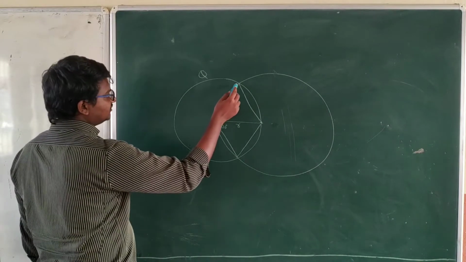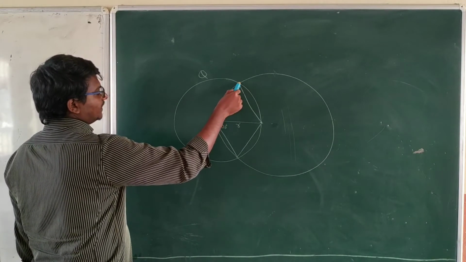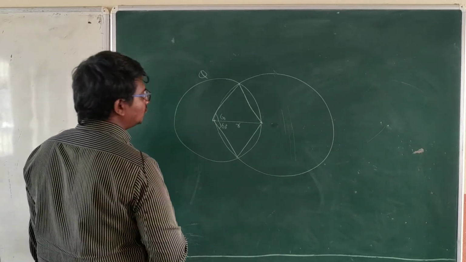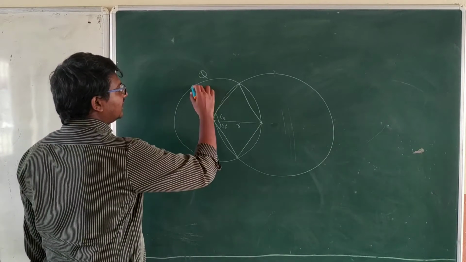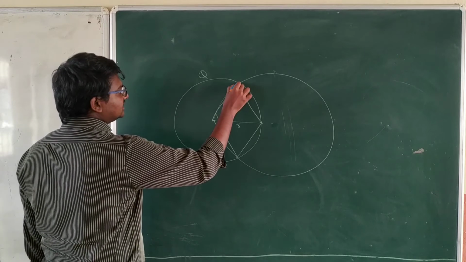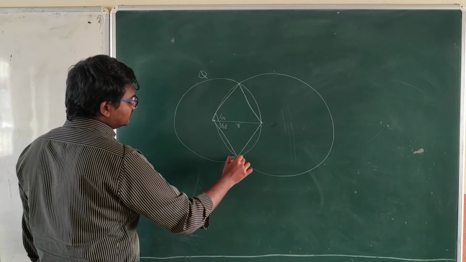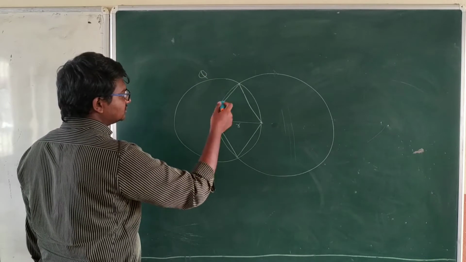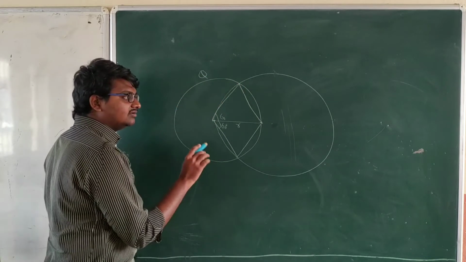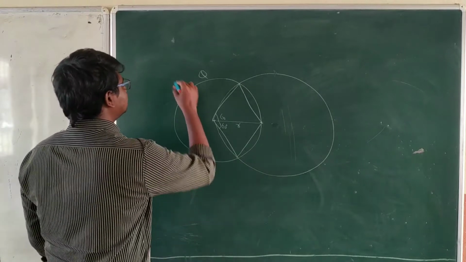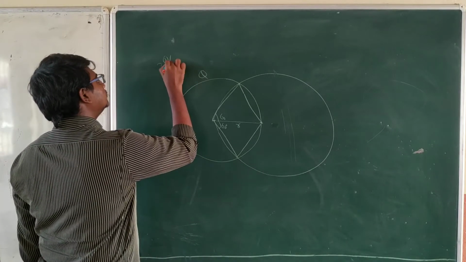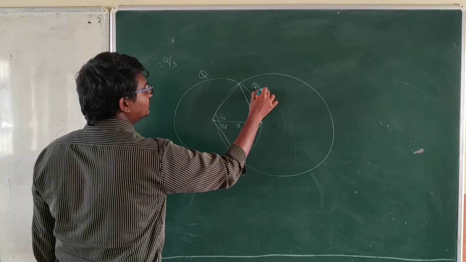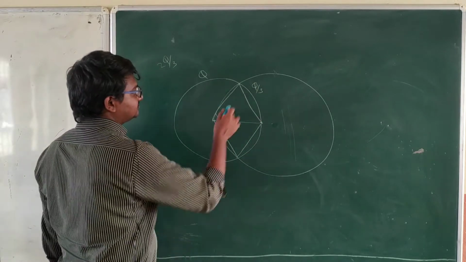As the total angle is 2 pi, we know that already, and this length which is outside has the maximum charge. The total charge is q, but the outside one will have 2q by 3 charge and the inside will have q by 3 charge.